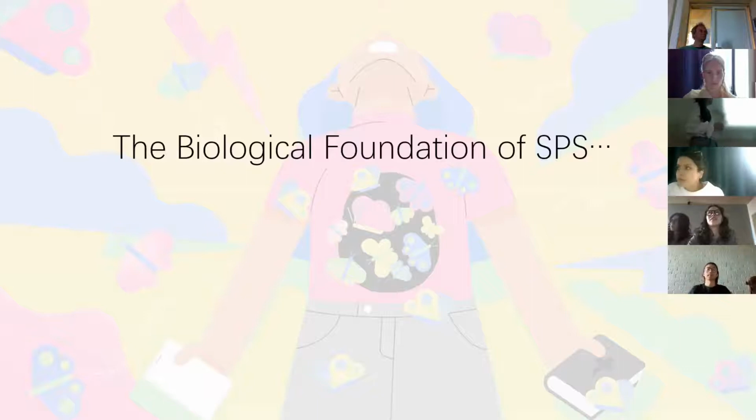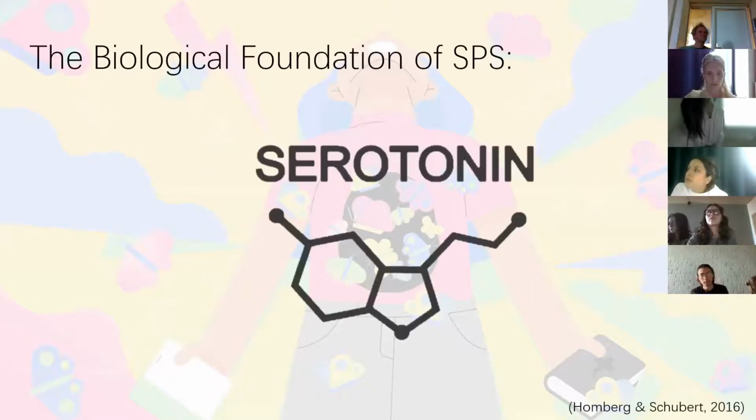SPS is a kind of stable trait across your lifespan. So of course, it has its biological foundation. What is important in this process is a neurotransmitter that maybe all of you are familiar with, serotonin. It's a neuroinhibitor.